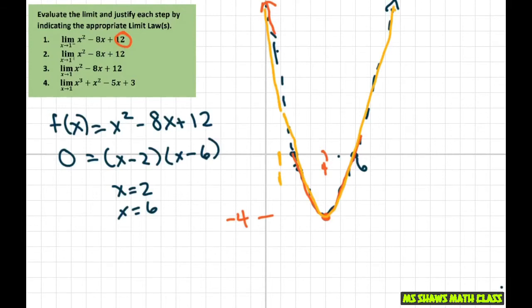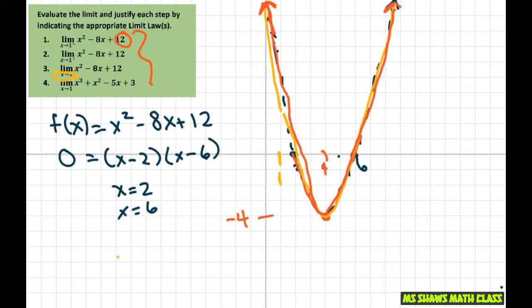And the way you're going to find the limit, if you notice, this is smooth and continuous. It doesn't have any holes, or any big jumps like we did last class. So when you have a polynomial that looks like that, you don't have to graph. All you're going to do is plug in the 1.